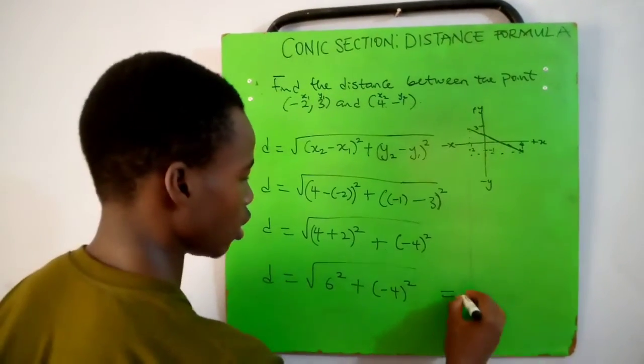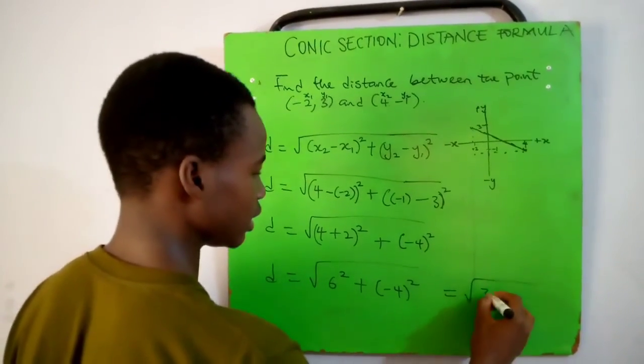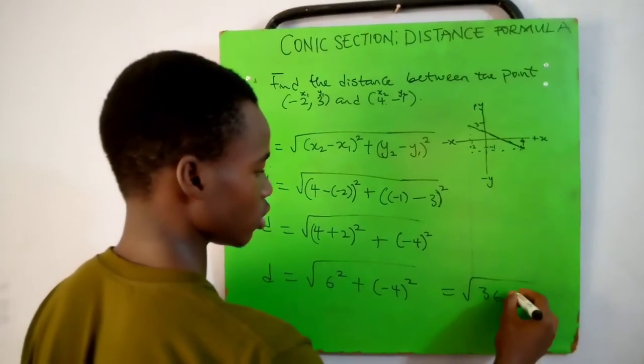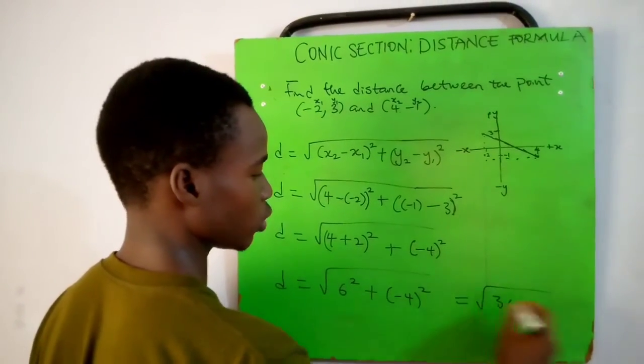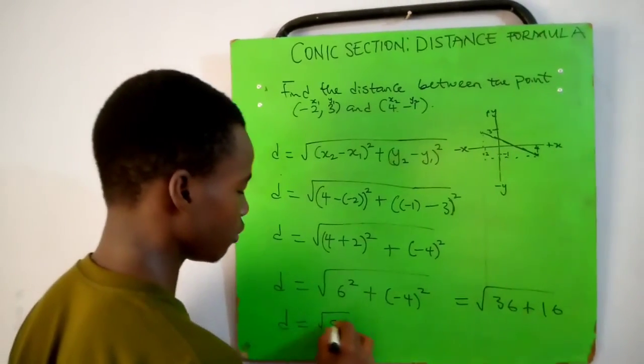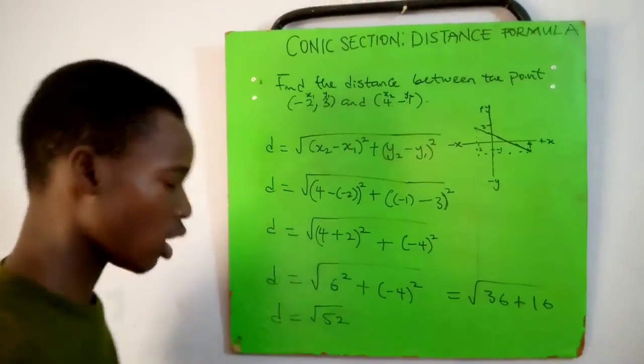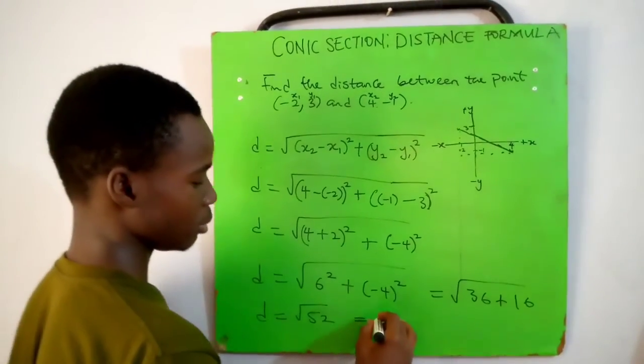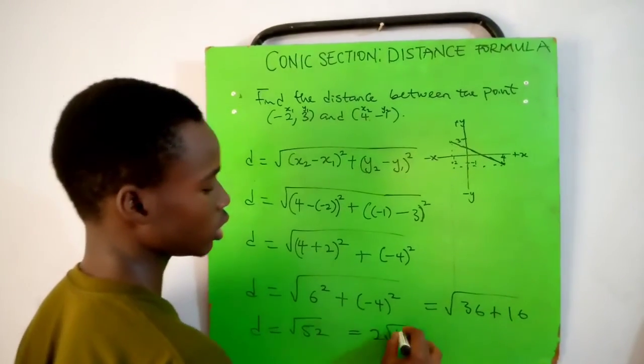So it becomes the square root of 6 squared, which is 36, plus 4 squared, which is 16. So our d becomes the square root of 52. This is our answer, or in short form it can be 2 root 13.